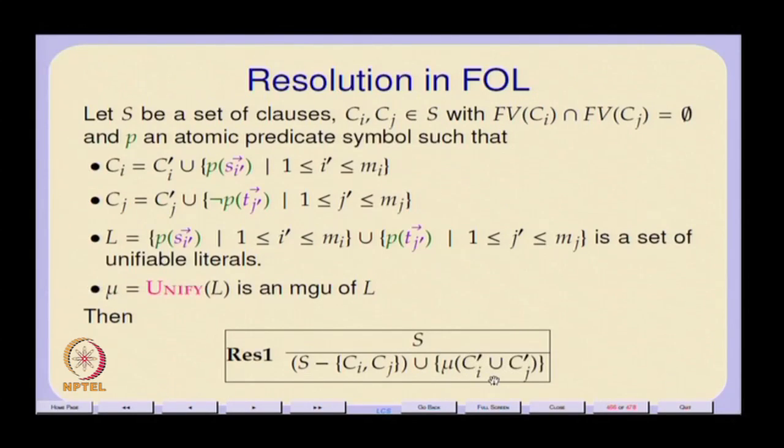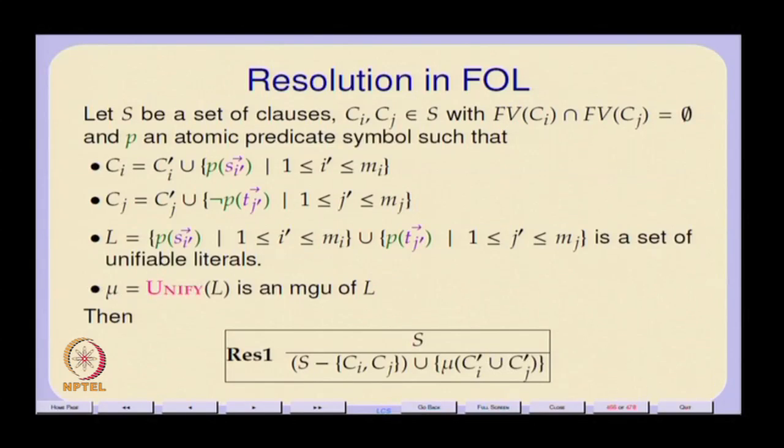and add a new clause which is obtained by applying this substitution. The result of unification is a substitution. If they are unifiable, then a substitution mu, which is the most general unifier, is available. So, apply this most general unifier on Ci prime union Cj prime. Notice that if I had applied mu to this set and mu to this set, they will make sets of complementary pairs, so essentially they cancel out each other.